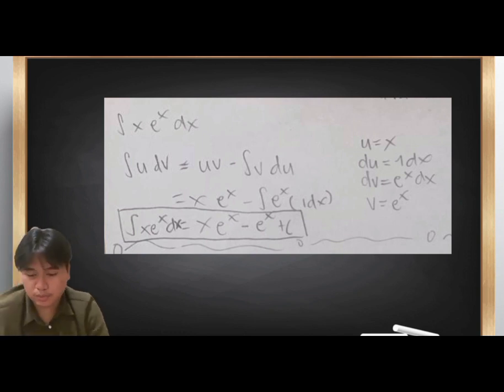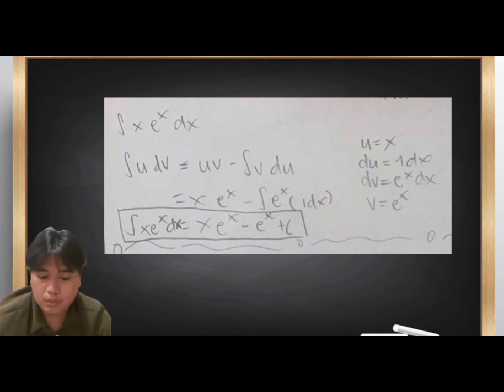Now we substitute to the formula. u is equal to x times v is equal to e^x, minus the integral of v, which is e^x, times du, which is 1 dx.